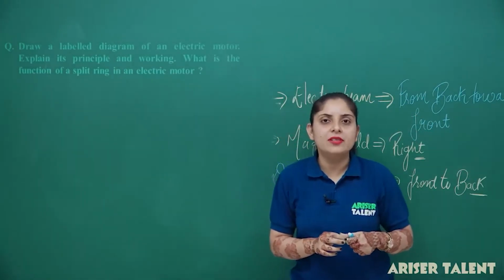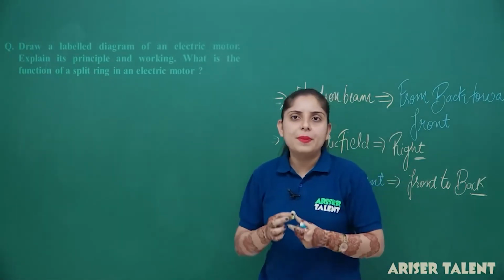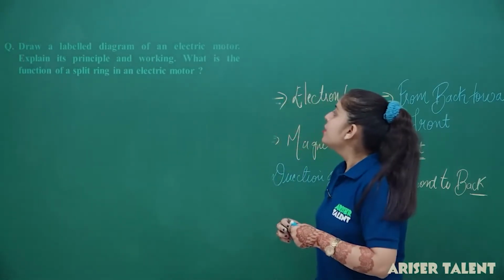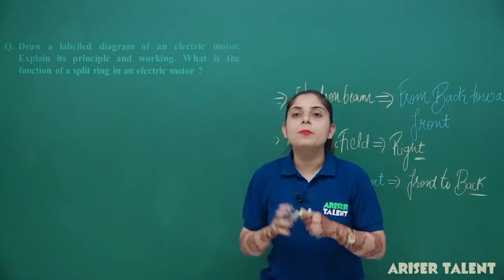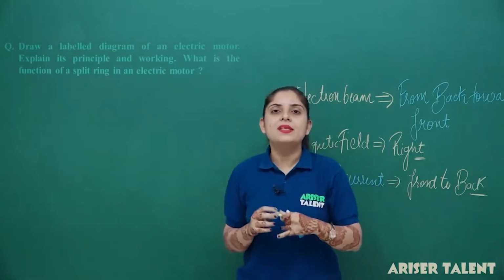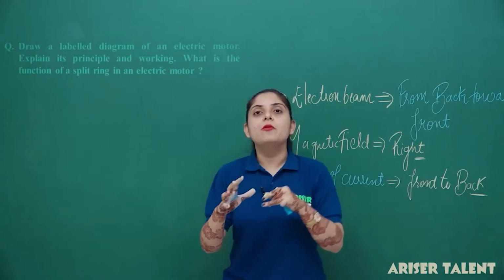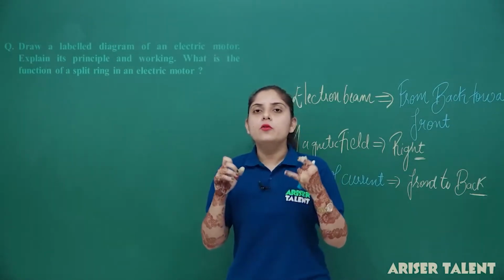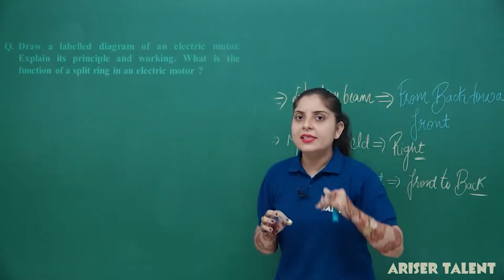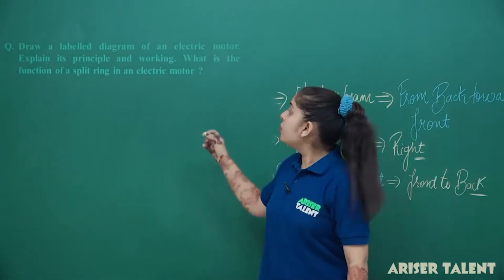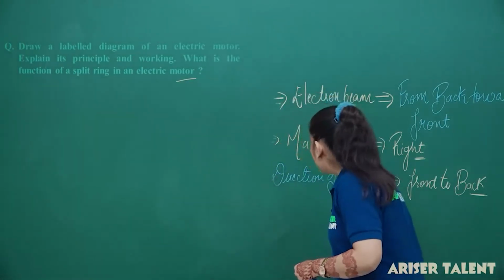This question we have discussed in our previous session, that is, what the diagram for an electric motor will be and what principle and operation it works on. This is a long answer type question, because in the case of the electric motor, AC generator and DC generator, we have to write the whole description: firstly the principle, secondly the construction, thirdly its labelled diagram, then its working, and the function of the split rings or slip rings. So this is a theoretical question.